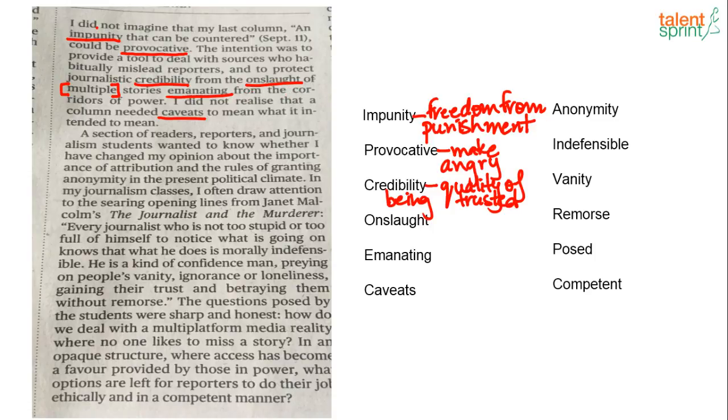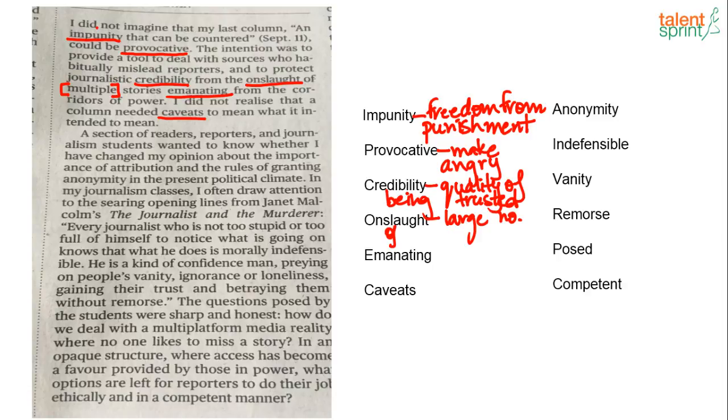So what would onslaught mean? Onslaught is where we are referring to a large number of stories that just came. So we can easily say that onslaught refers to a large number of something, in this case, stories. It can mean a large number of stories, or a large number of people who collect somewhere. So onslaught refers to a large number of things, people, or anything.